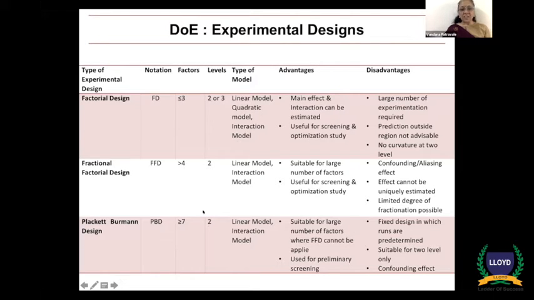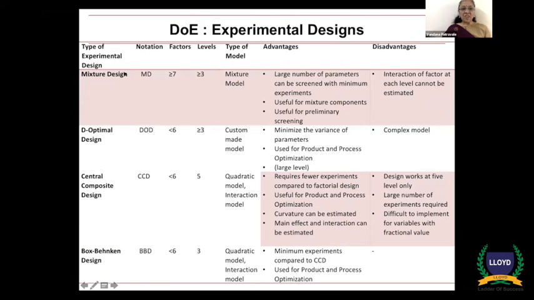So this is majorly used as a screening design. Mixture design also used when factors are more, and it also works at more number of levels. But in this case, interaction of factor at each level cannot be estimated. Again, this is used majorly for preliminary screening.